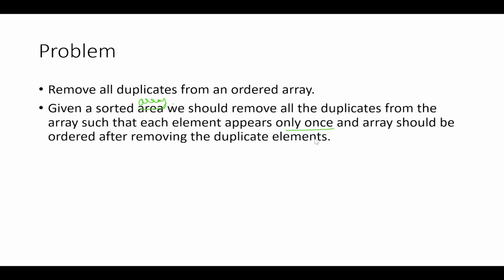How can we do that if we do not have an additional array? Like in the last session, if you remember, we had an array. Suppose I take 11, 21, 21, 34, 34, 50.